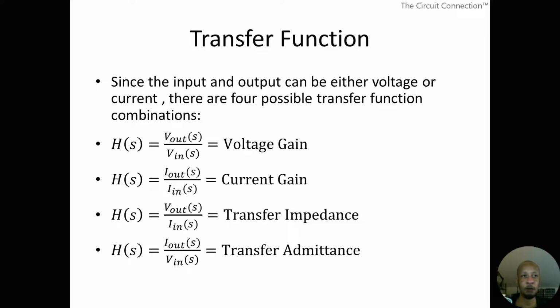The V out over I in, depending on the subject area that you're in, you might see as trans resistance, particularly for amplifiers, or maybe they may call it transimpedance, but that's basically what that is. And the other one, transfer admittance, you might see as transconductance. But those are still basically the same concepts.